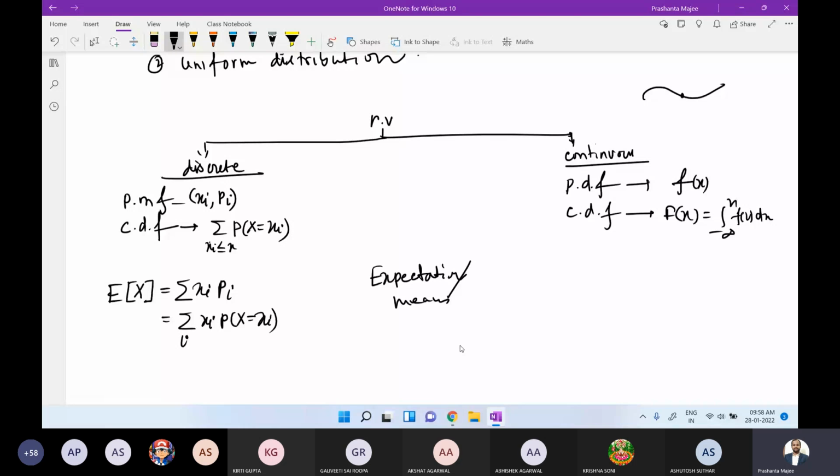So this sum is known as the expectation of the random variable x in case of discrete random variable. In case of continuous random variable, it will be the integral from minus infinity to plus infinity of x f of x dx.